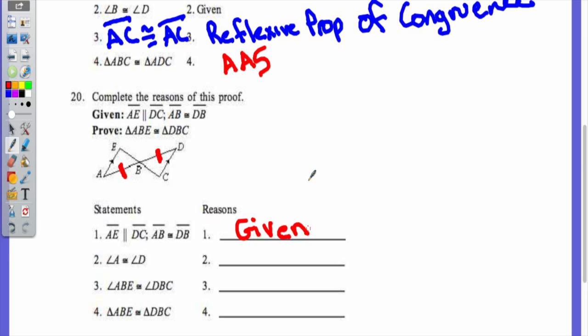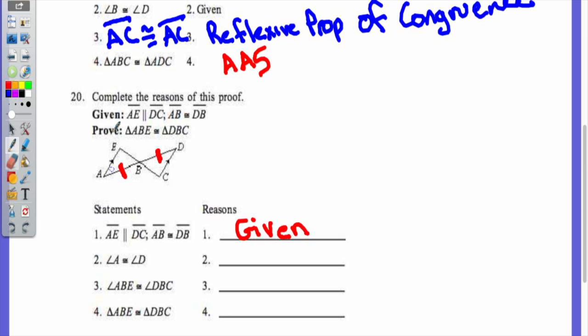Then alternate exterior angles are congruent. Then corresponding angles are congruent. And then consecutive or same side interior angles are supplementary, correct? So you should, when you see this, be thinking you're going to use one of those theorems or postulates from chapter 3.